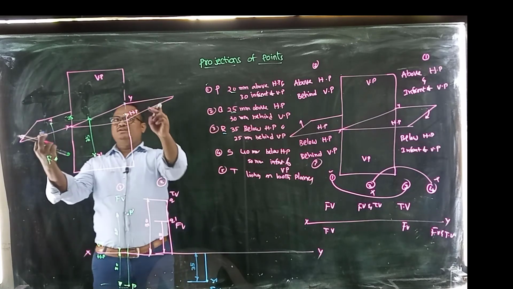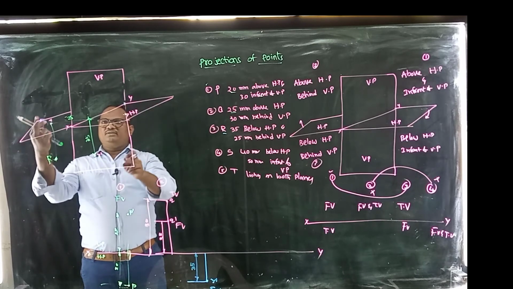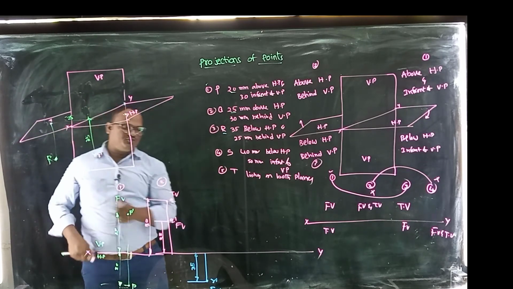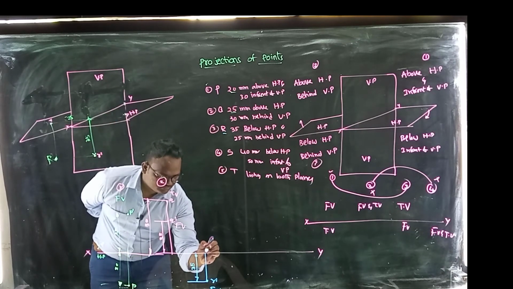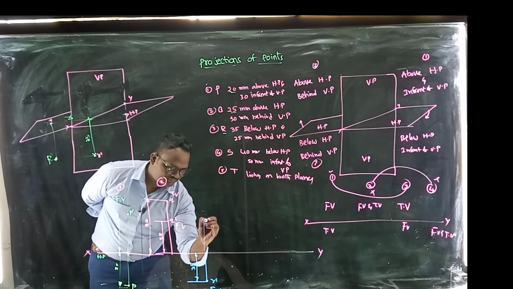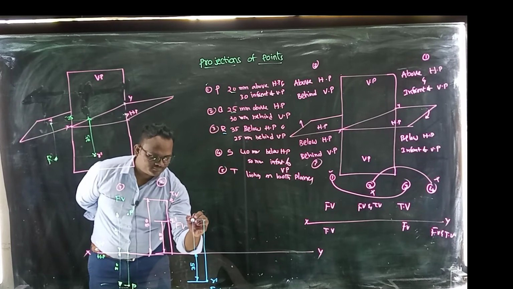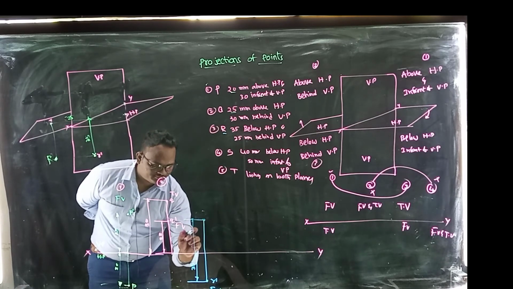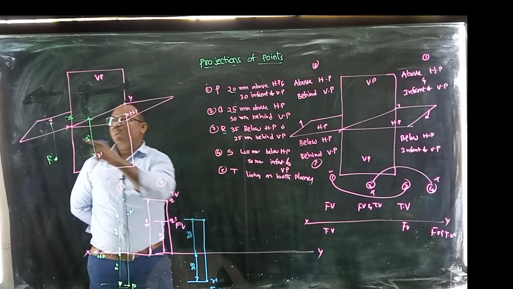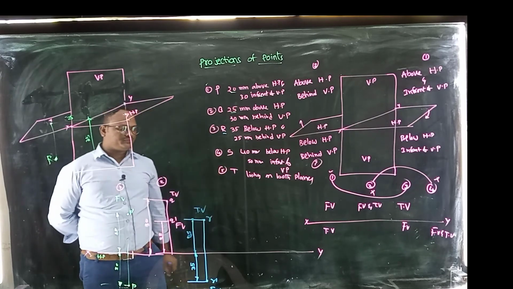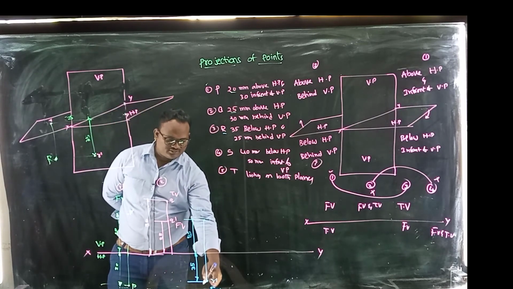After that, always we have to tilt HP in the clockwise direction. So this 25 comes upwards. The point should be dark. This is 25 mm. So what is this point? It is small r, that is nothing but the top view. Okay, so this is the top view, this is the front view.